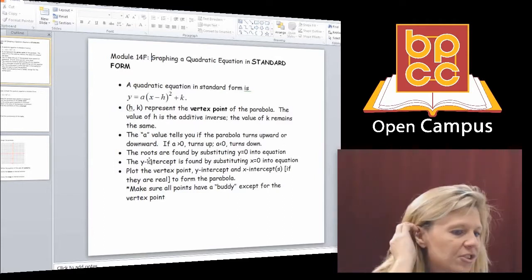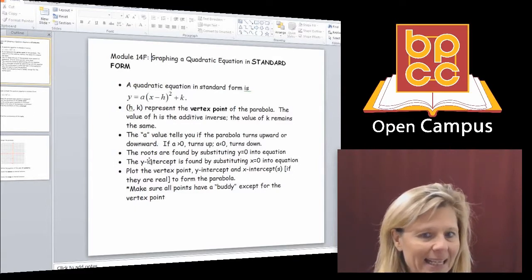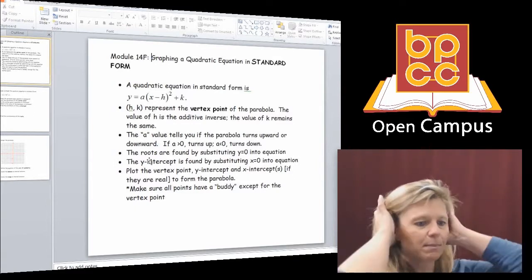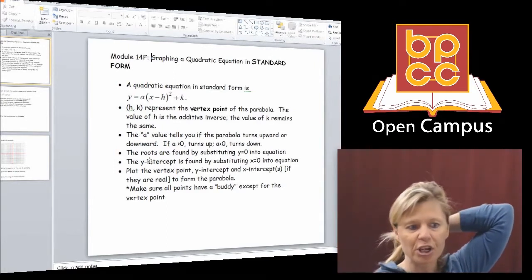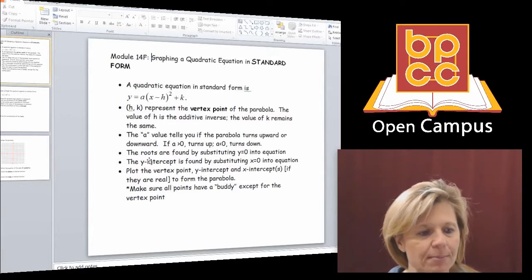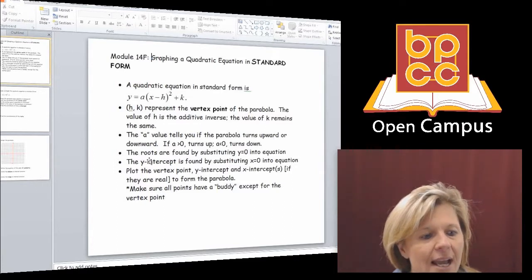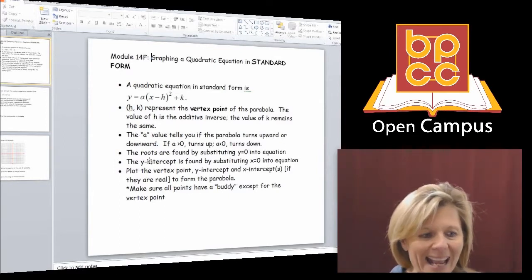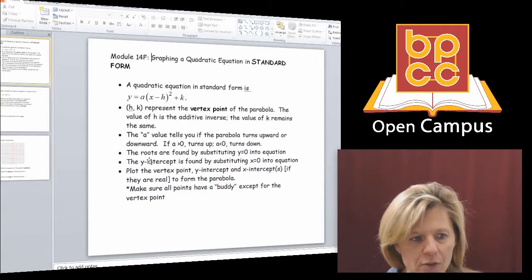The other piece to this parabola is a. Look at a. A is in front of x squared. It's connected by multiplication. The number in front of your x squared, connected by multiplication, is going to tell you something very important about your parabola. It's going to tell you whether your parabola is going to go up, like the letter U, or go upside down. So that a number is not something we're going to put on the graph.